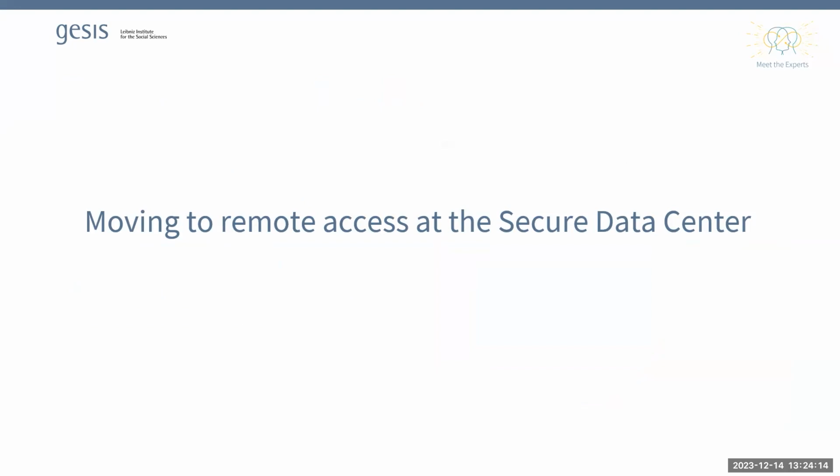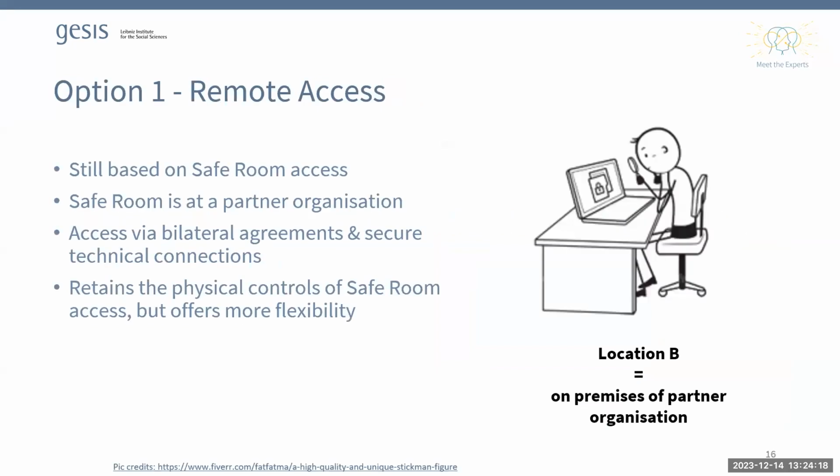So as I mentioned, there are several options that we can look at. Option one is what we call here remote access. Now, this is actually still based on safe room access. But what's different here, the remote element, is that the safe room is not one of ours, and it's not based in our building at Cologne.